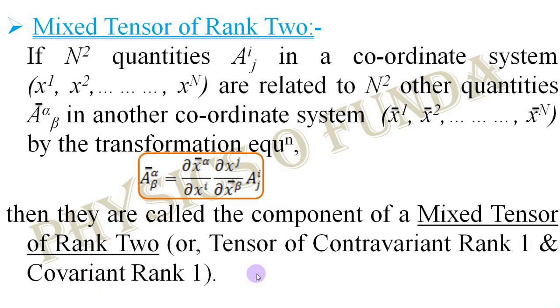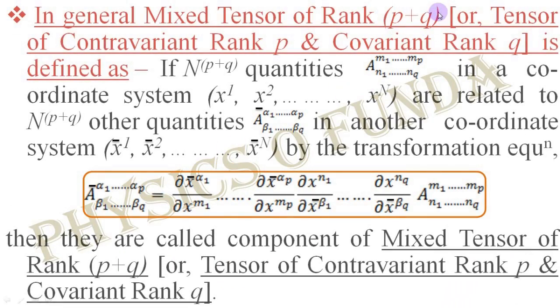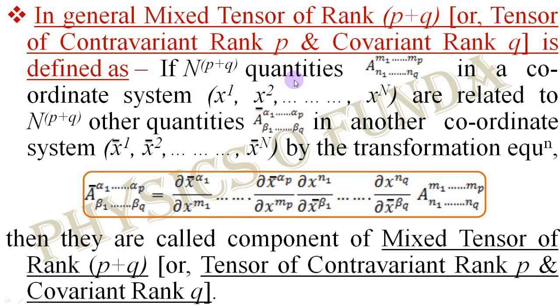If we generalize this definition, then we get a mixed tensor of rank p plus q. For that, we have to consider n to the power p plus q quantities where indices m1 up to mp are the contravariant indices and n1 up to nq are the covariant indices. All these terms are considered in the unbarred coordinate system. We also consider n to the power p plus q other quantities a bar, α1 up to αp, β1 up to βq. The indices α1 up to αp are contravariant indices and β1 up to βq are covariant indices.